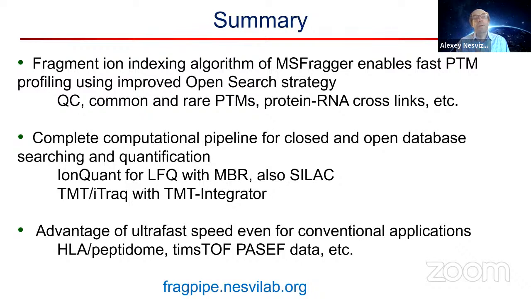Any other difference is not accounted for in the search. So you will not find an acetylated peptide, because it has a 42 Dalton mass shift, in a closed search if you don't specify 42 Dalton acetylation as a variable modification. But open search will find that, and any other mass shift that you may have.